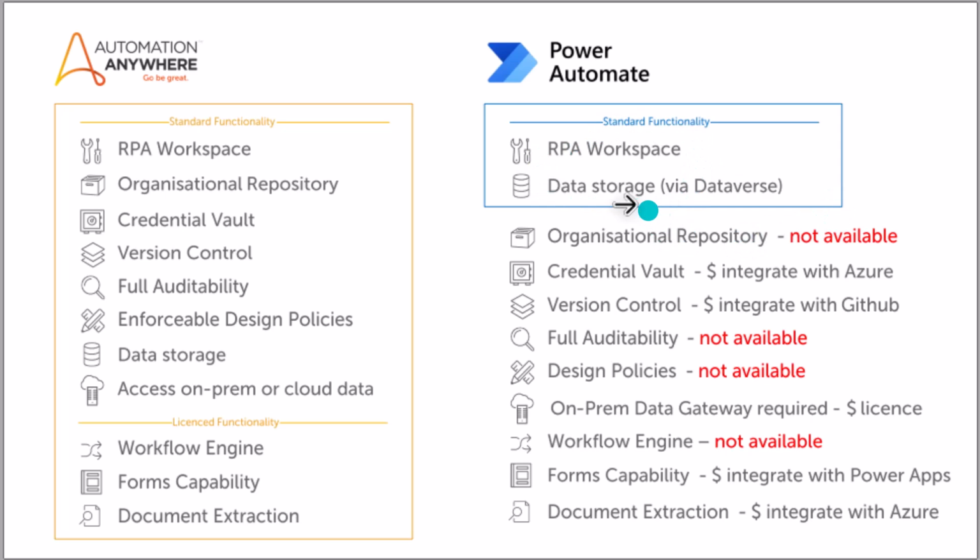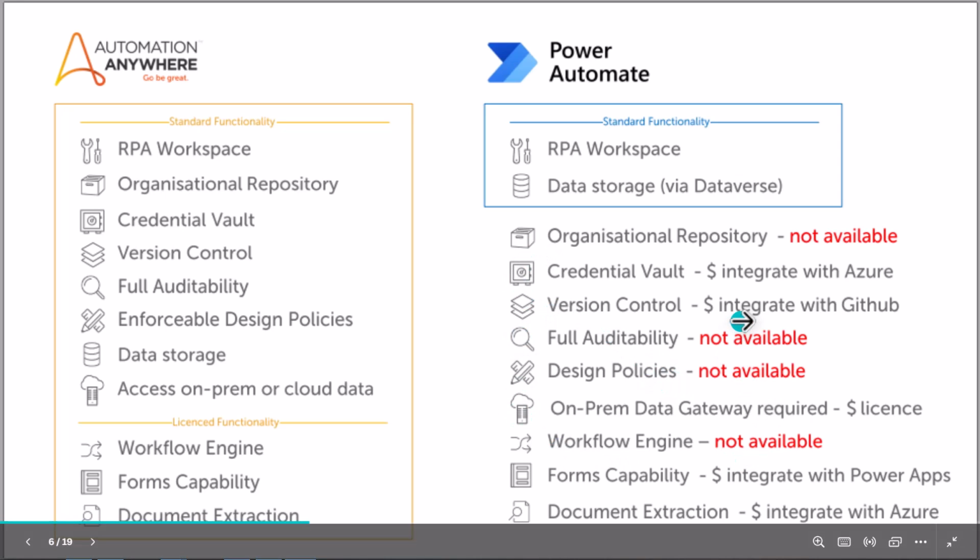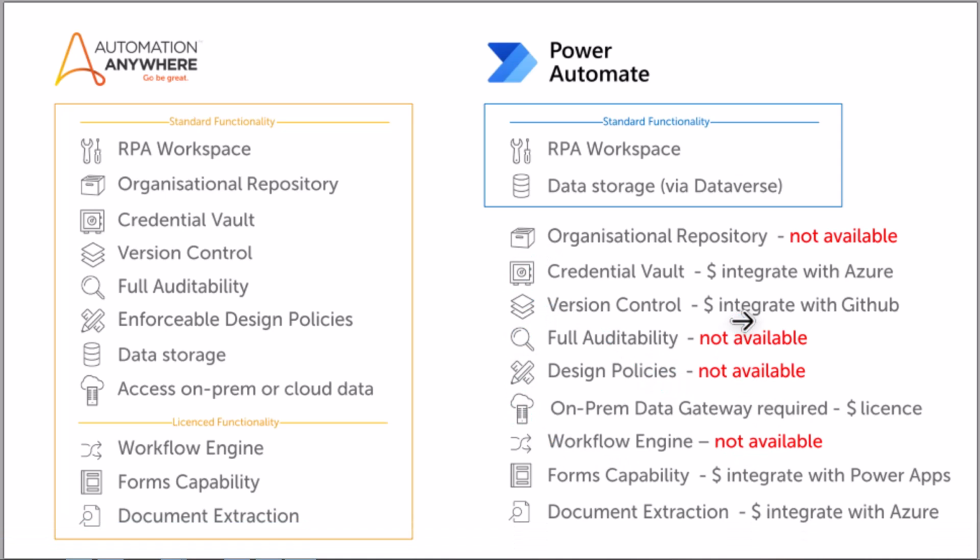If you need additional features like a credential vault, it's available via Azure Key Vault, and you need to spend additional license cost for it. Similarly, a few of these features are available at additional cost and a few of them are not available at all.